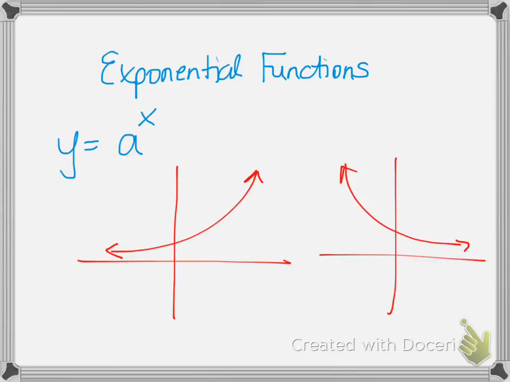So if I think about the derivative of these, how would I draw it? The slope is positive all the time on this one, and it's 0 at the beginning, and then it gets bigger. So if I draw the derivative here, it's going to look very, very similar. It might be a little bit more steep, but the shape is going to be the same. Same thing happens on the second one.